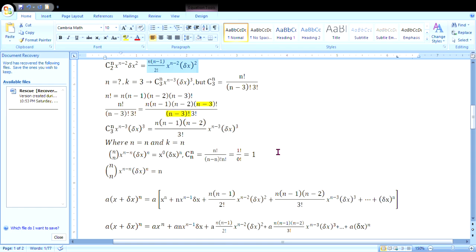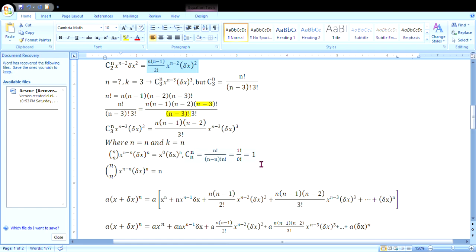Okay, now this will continue till we get to n, but to avoid time wastage, we just look for this expression here, plus plus plus, till we look for when k is equal to n. That means when k is equal to n, the whole expression here will be s raised to power n minus n, into delta x raised to power n, then n combination n, which is the same thing as 1.